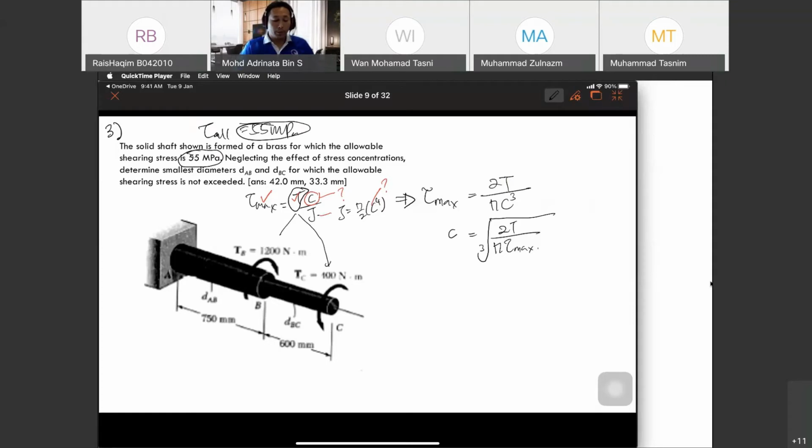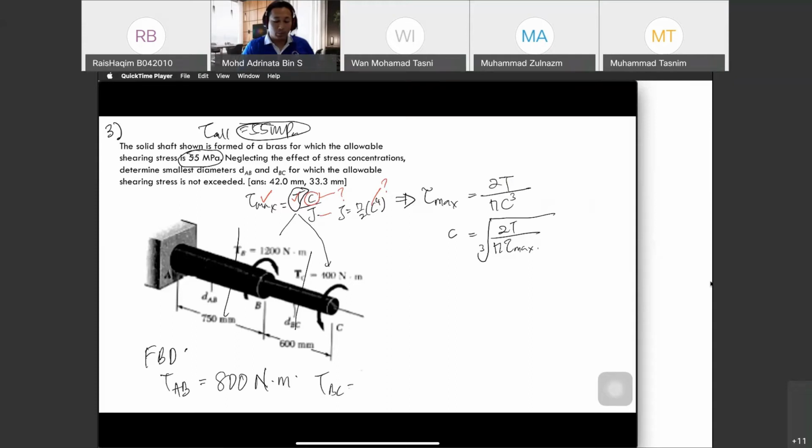Okay, so buat free body diagram, kita potong dekat shaft, kita cut, dan kita cari free body diagram. Okay, so free body diagram untuk TAB ni nanti aku buat. Okay, untuk TAB sama dengan 800 Newton meter, dan untuk TBC sama dengan 400 Newton meter.